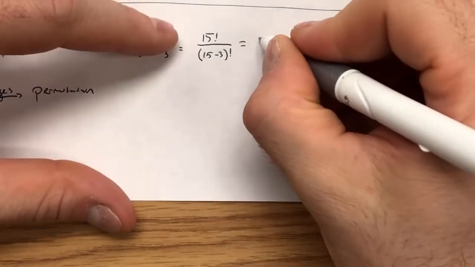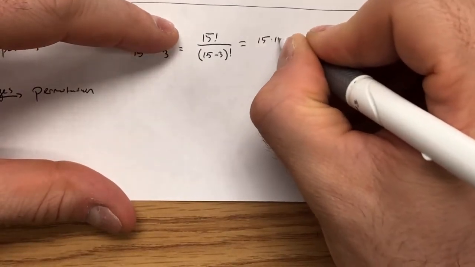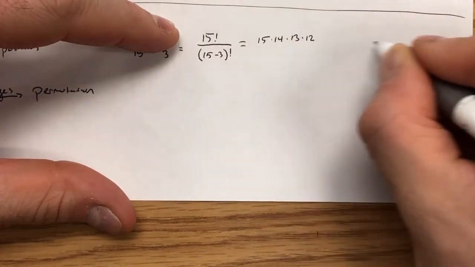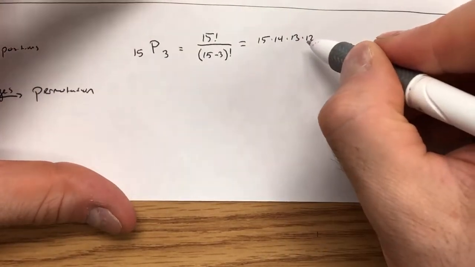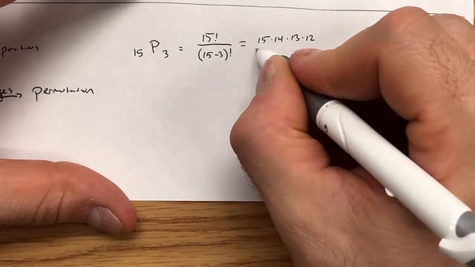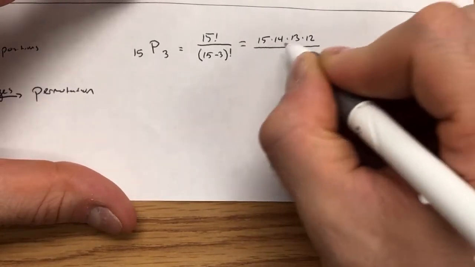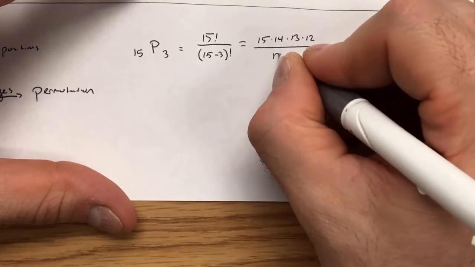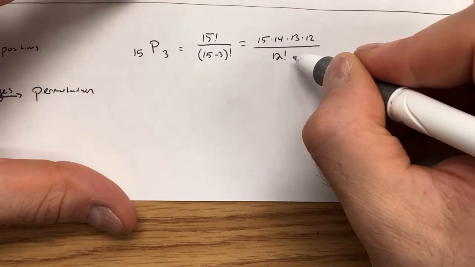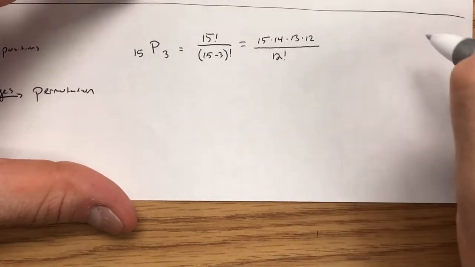So 15 factorial is 15 times 14 times 13 times 12 all the way down to 1. I'm going to stop when we hit 12. Why? Well, because I noticed that at the bottom, 15 minus 3 is going to be 12 factorial. 12 factorial is 12 times 11 times 10 times 9 times 8 times 7 times 6.